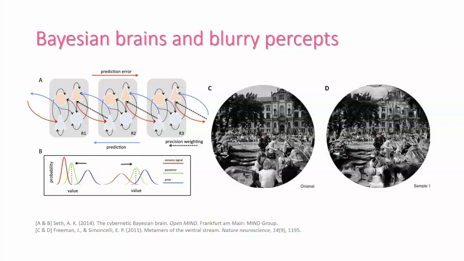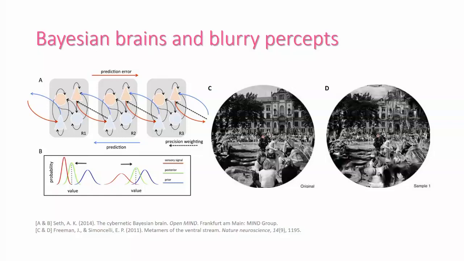At B, we have a sketch of how the problem arises. We have these unimodal Gaussians, and the worry, as we've talked about already, is how do we get from these probabilistic representations to something like what we see at C, that looks quite determinate and univocal.